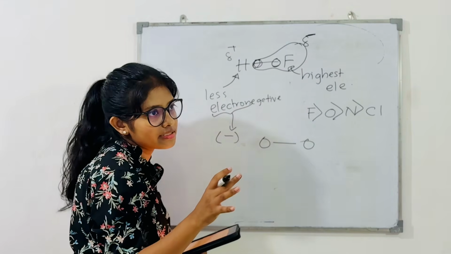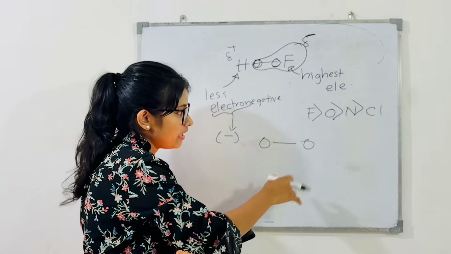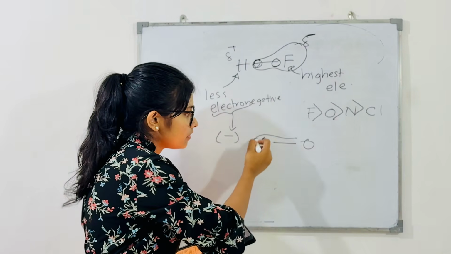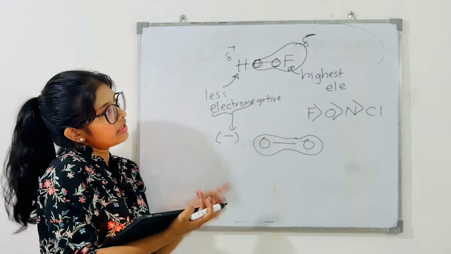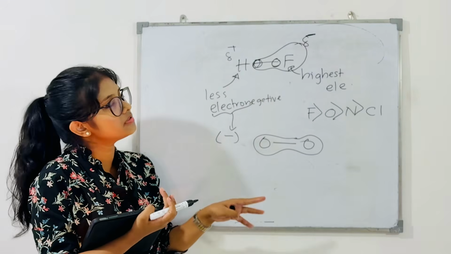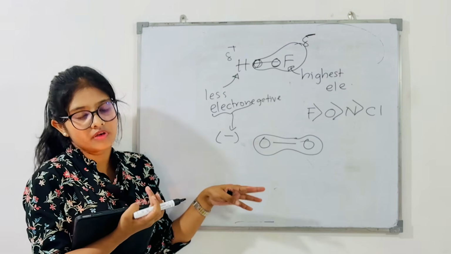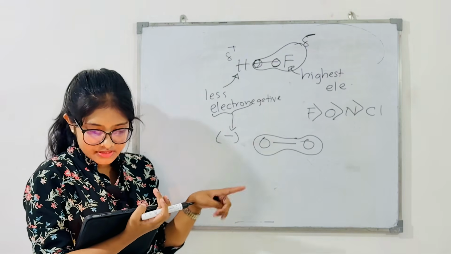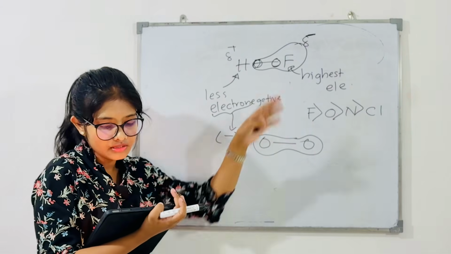Their eagerness is equal, so they like the electrons at the same level, and the electrons are symmetrically shared between them. But here the situation is totally different. One atom likes to have electrons, and the other lets them go, right? So the first one is incorrect. It's not symmetrical, it's asymmetrical.